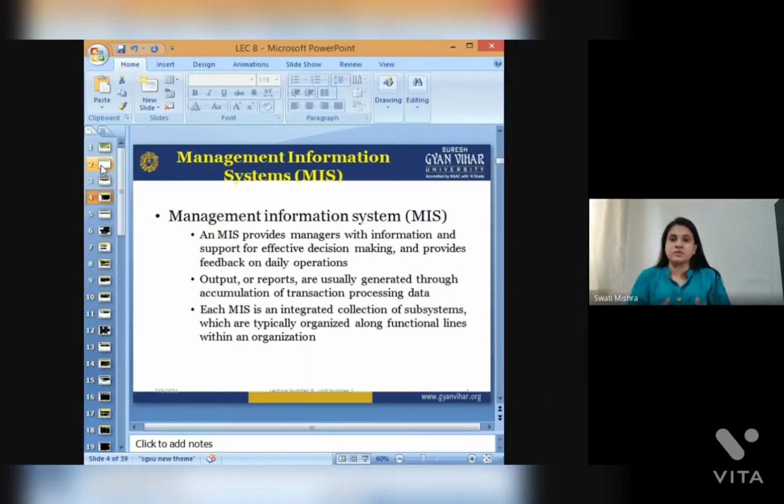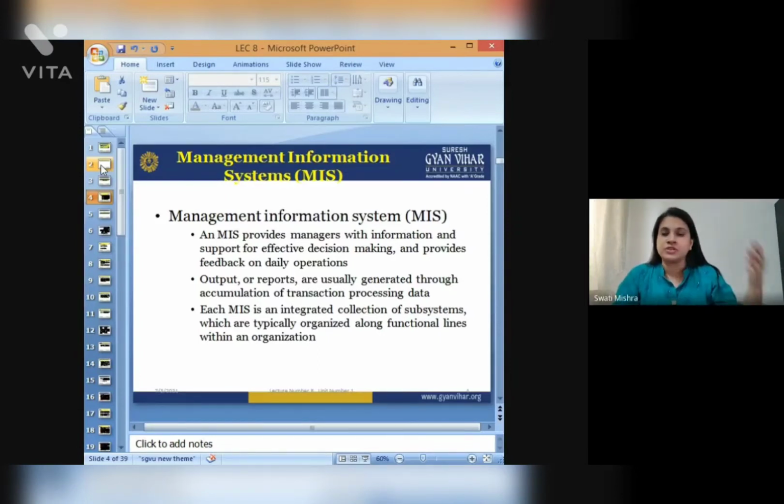Because your management information system is the one which provides the information to the top management and the other managers at different stages of hierarchy who are taking decisions at their own levels. That is why MIS plays such an important role.